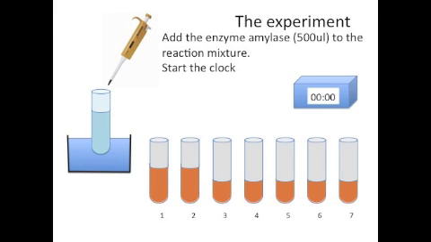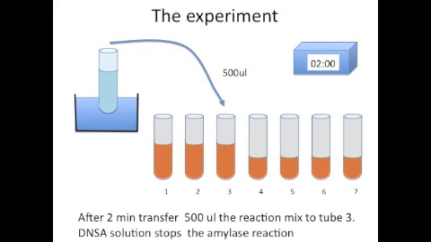You can now add amylase, the enzyme, 500 microliters into your reaction mixture. This will start the reaction, and therefore you need to start your clock. After 2 minutes, you will take 500 microliters from your enzyme mix and add it to the third tube. Adding the enzyme mix to the DNSA stops the reaction.